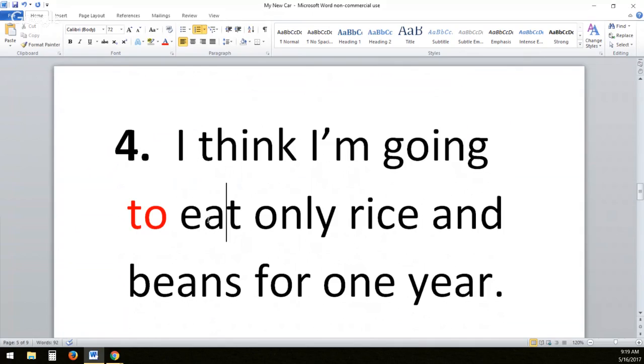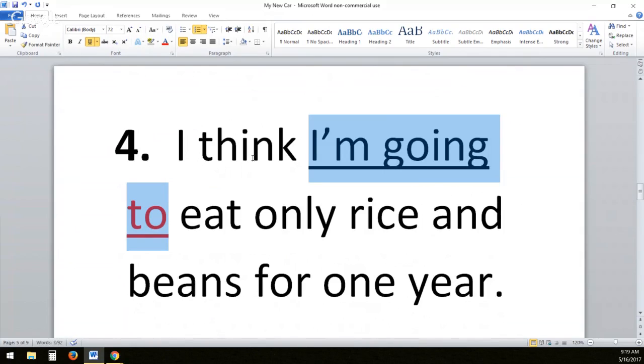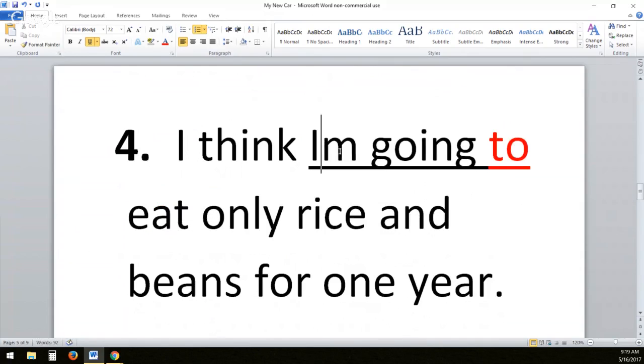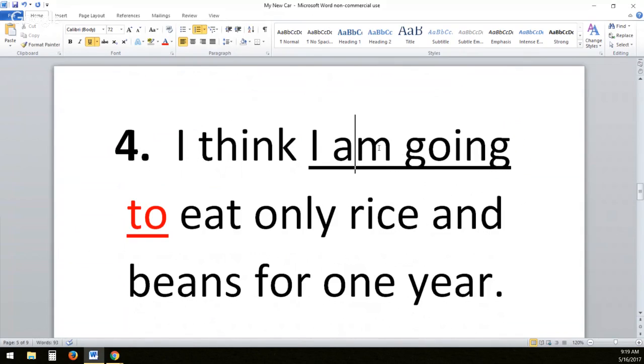I know sometimes prepositions can be a challenge, but in this case, we have a phrase that always goes together. And that phrase is am going to. Here we can pretend that this is our full word, am. Am going to. This needs to always stick together.